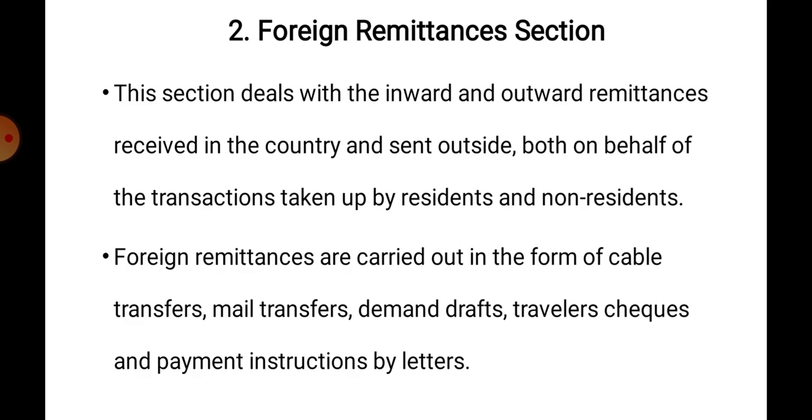The remittances are carried out in the form of cable transfers, mail transfers, demand drafts, travelers' checks, and payment instructions by letters. The remittances are converted into local currency in case of inward remittances and foreign currency in case of outward remittances at the rate prevailing in the foreign exchange market.